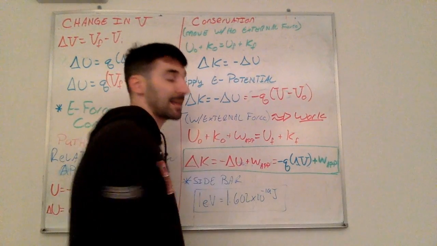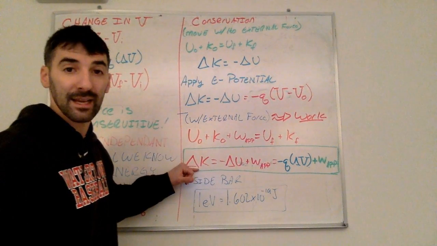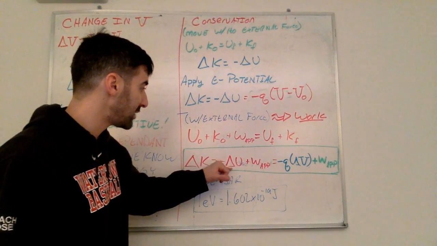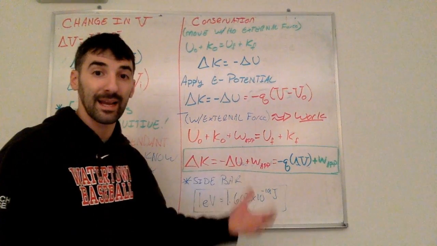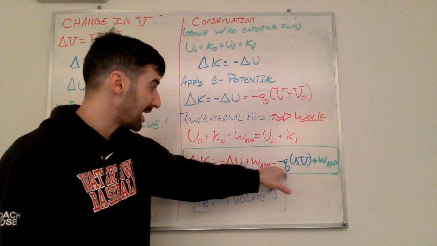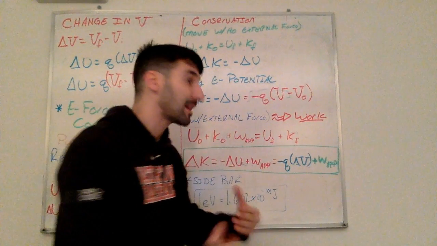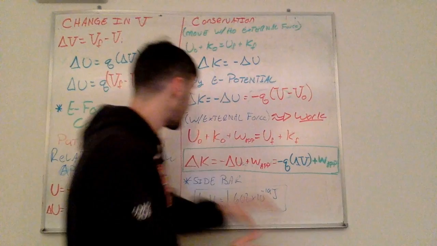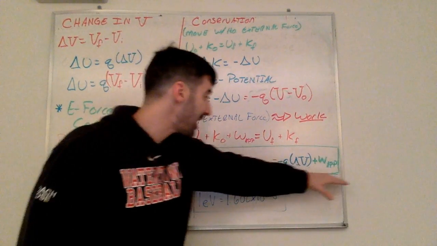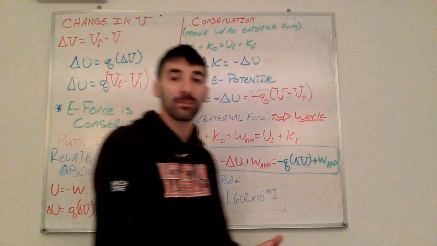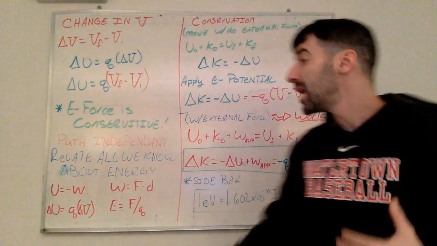Rearrange into a nice little master equation. Change in kinetic energy is my negative change in potential energy plus the work that I had to do. That's equal to negative Q times my delta V, or my change in potential, plus the work that I added, which makes sense. This is everything to get us started in electric potential and electric potential energy.